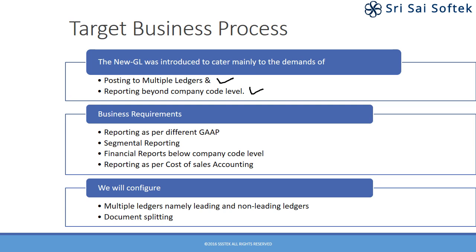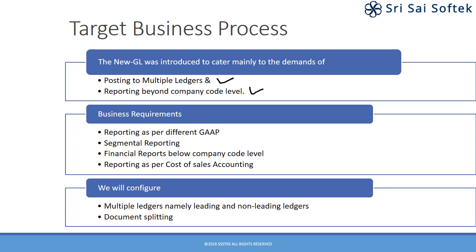In other words, if you post, let's say, one expense item and one balance sheet item, the balance sheet item inherits from the expense item. If there are more than one expense item, the balance sheet item gets split in the same proportion. This is called document splitting.